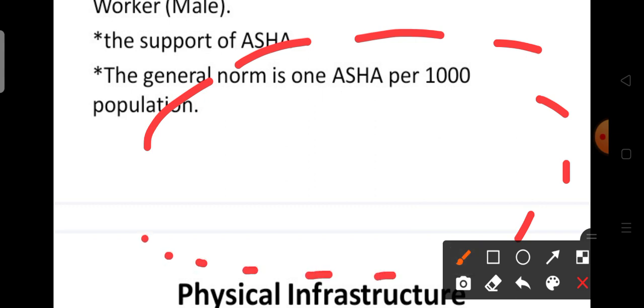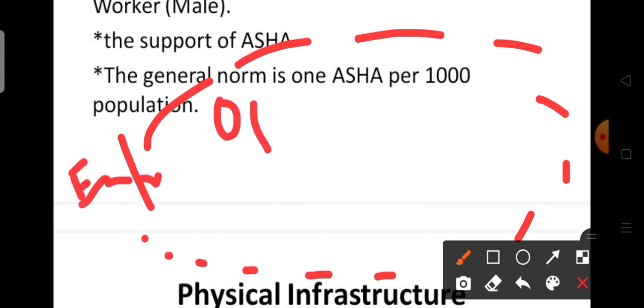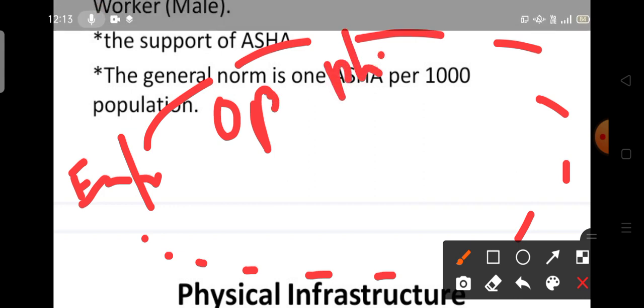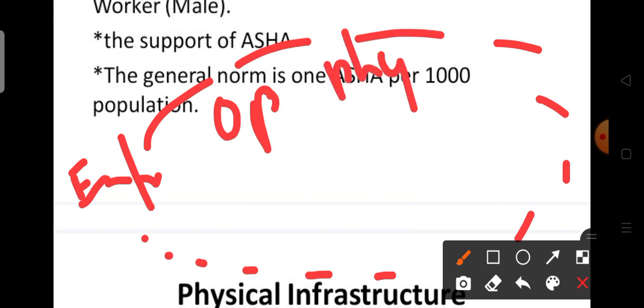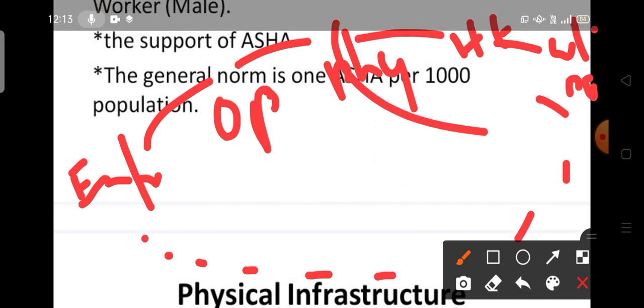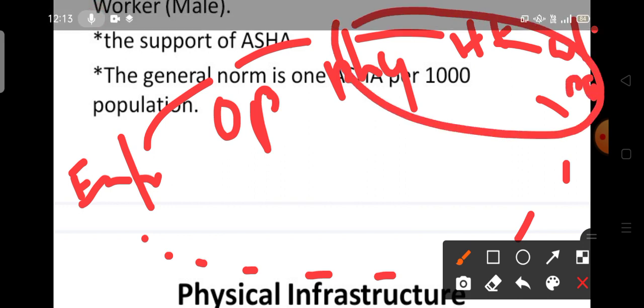You will see it like this. First this is the entry, OP. Next one is the physical setup, where we do height, weight, BP checking. All this comes under physical examination: height, weight, BP checking and TPR checking.